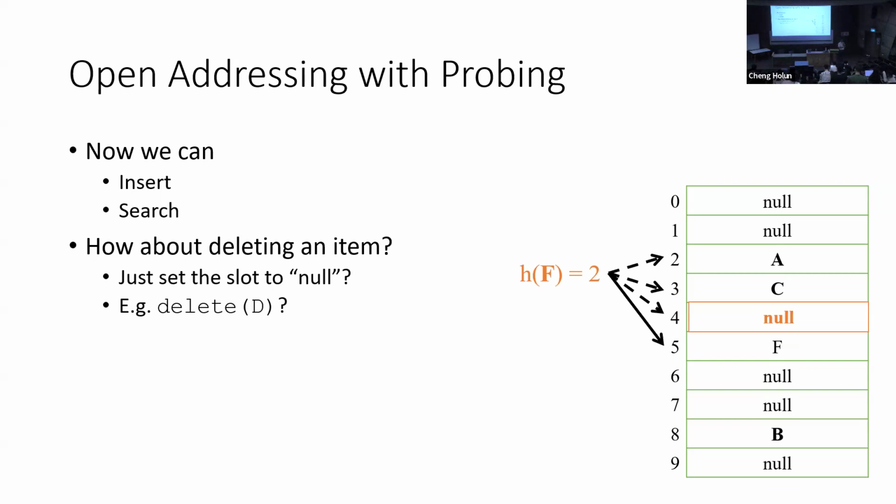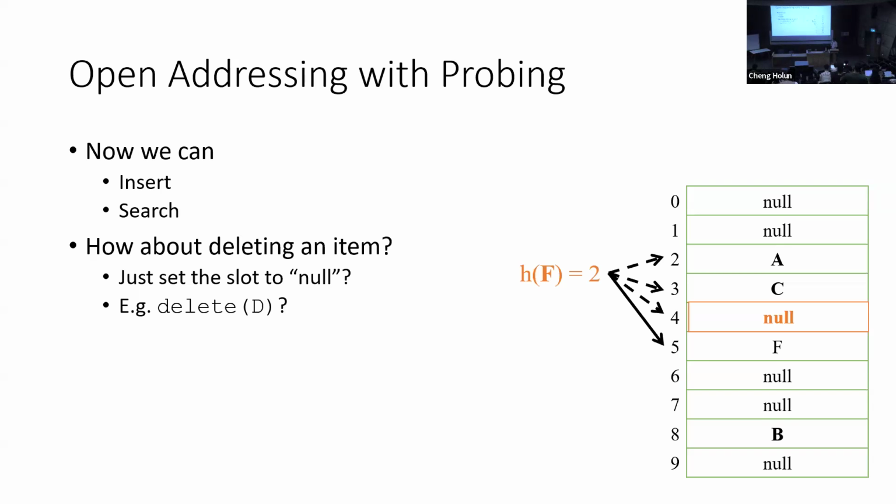What would be the problem? If I delete D now, I lose F. Why? Because F has to be searched starting from slot 2 and going all the way until you meet a null or F. But now you delete D, so when I go to slot 4, it is null. That means F is not here. Too bad.